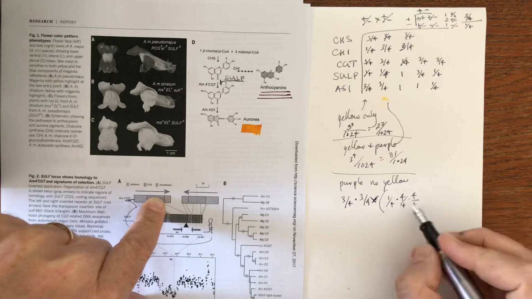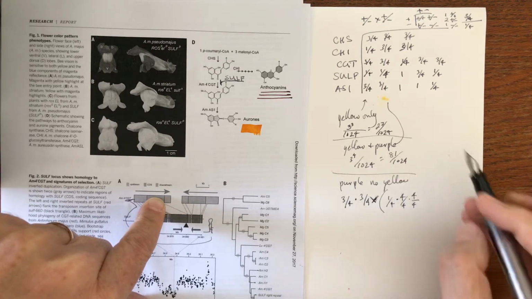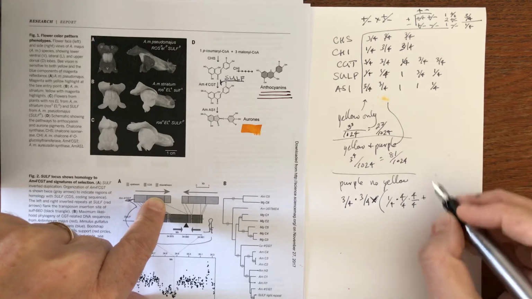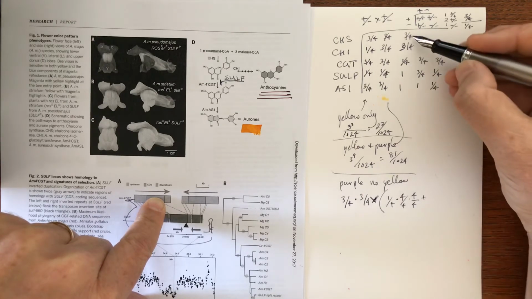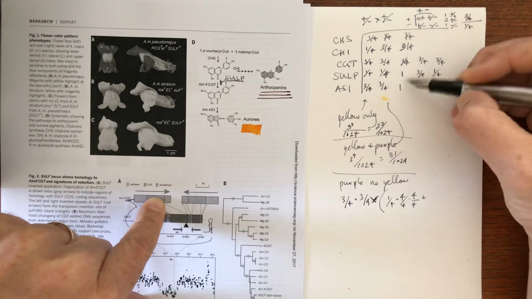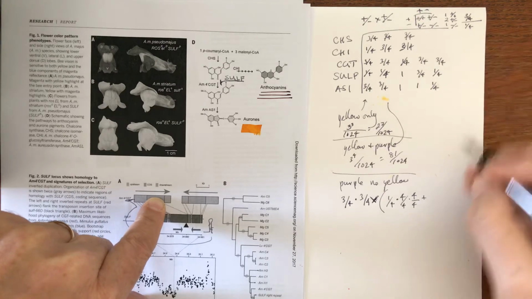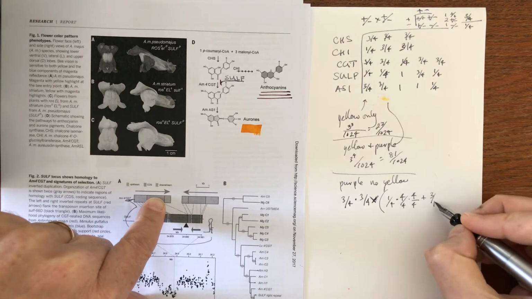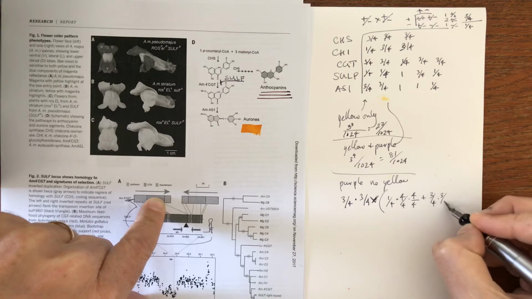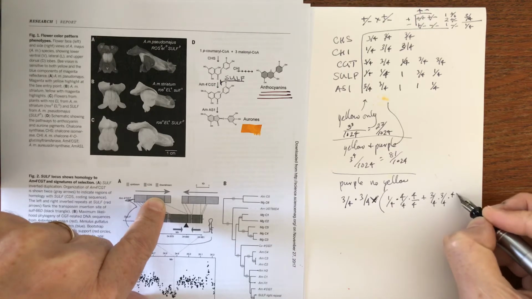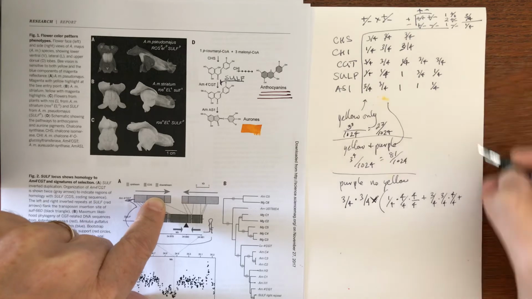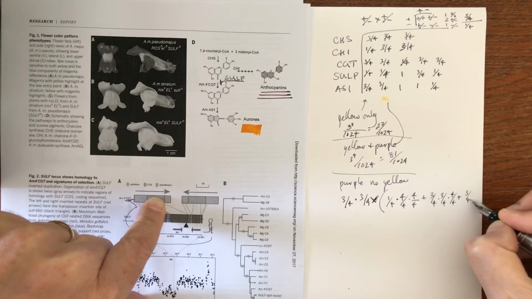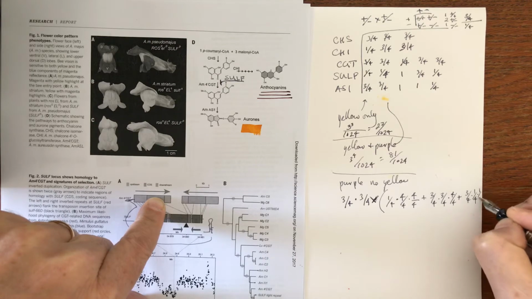Why am I putting the 1 as 4/4? To keep everything in the common denominator. Plus, so it's going to be this times this times these, this times this times these. So 3/4 times 3/4 times 4/4 plus this one, the 3/4 times 1/4 times 1/4.